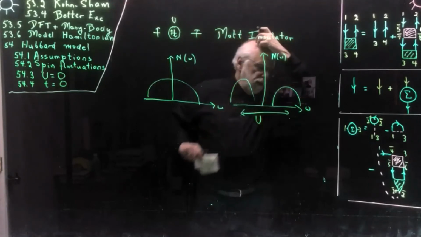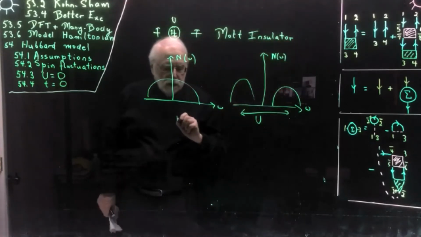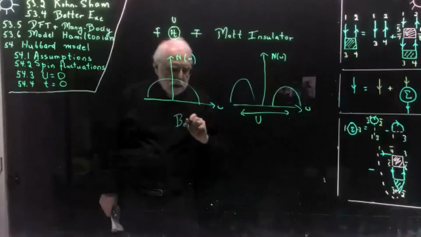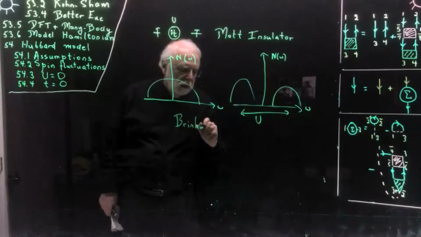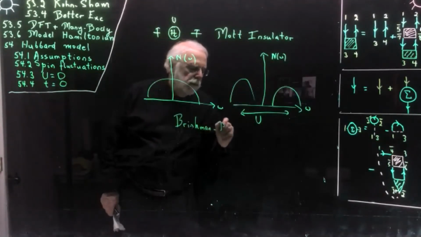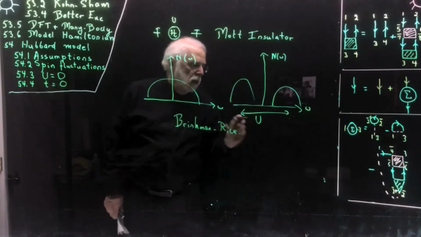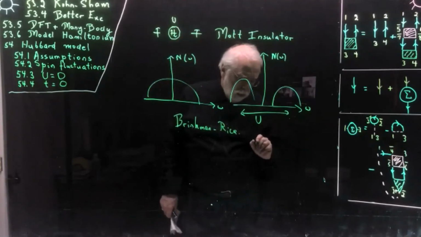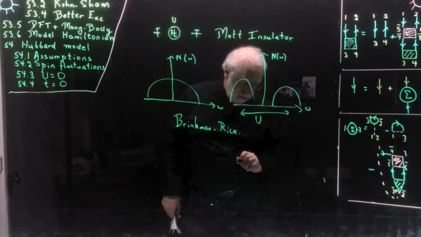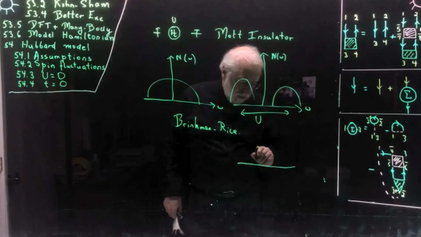Now the view of Brinkman and Rice was that the way it comes about is that in the metal, let's look at a particular wave vector, right?